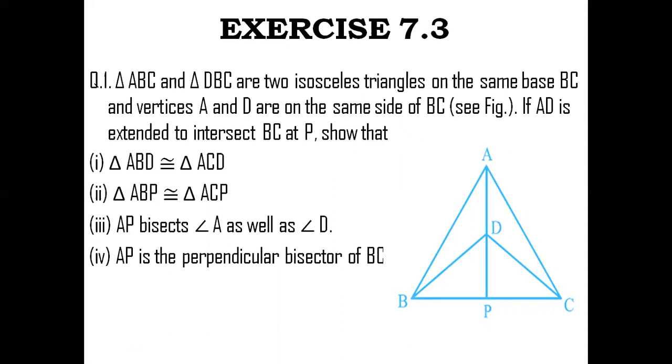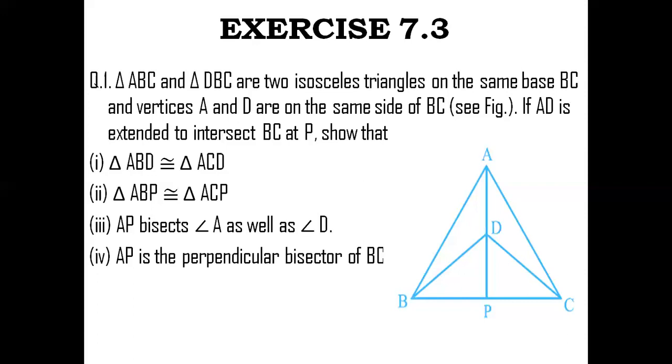Yeah, so triangle ABC is the bigger one and triangle DBC is a smaller triangle. Both are isosceles and on the same base BC. And vertices A and D are on the same side of BC.